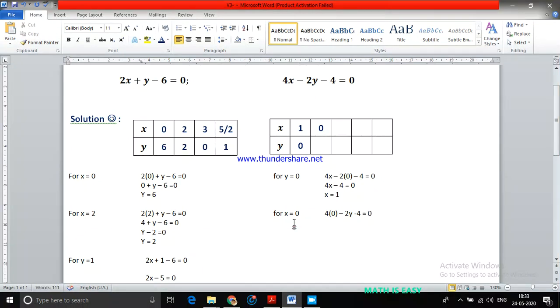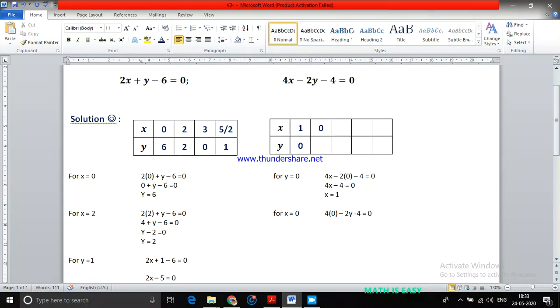Most probably I'll go for x equals 0, y equals 0, then see what type of answers are coming. If it is decimal values, as I said, 0.378 and so on, then we will exclude those values. We will not include them in the table. You may find it and leave it. No need to cancel it also, but in the table you don't write it.